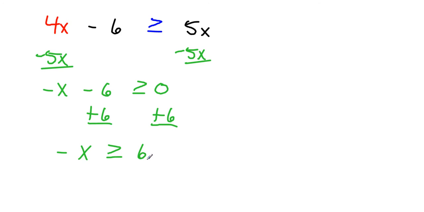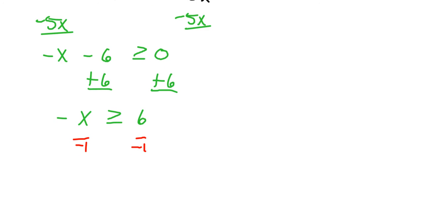So we've got negative x is greater than or equal to 6. Now the only thing with this one is it needs to be a positive x. So our next line is we're going to divide this by negative 1 to cancel these two parts out. And then once we do that, we've got to flip this to being a less than problem. 6 divided by negative 1 is a negative 6.